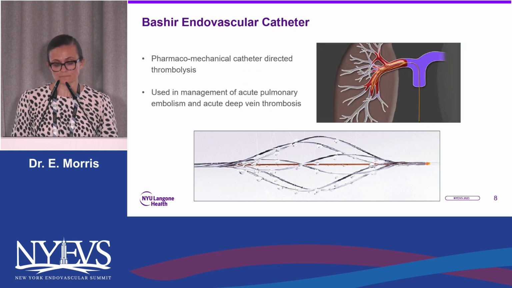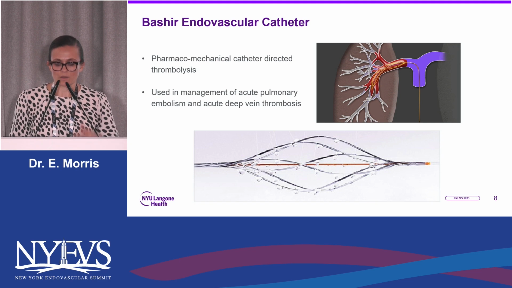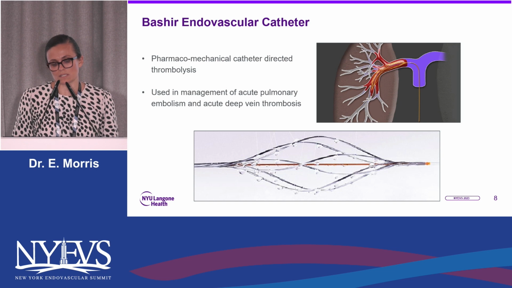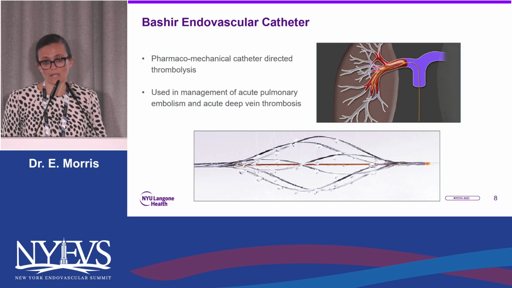So the BASHIR catheter is a pharmacomechanical lysis catheter that we've been using at NYU for probably about 3 or 4 years now. We were involved in the initial trial, and we continue to use it today as a part of the PE Tract trial. You can use the BASHIR catheter for PE as well as DVT.